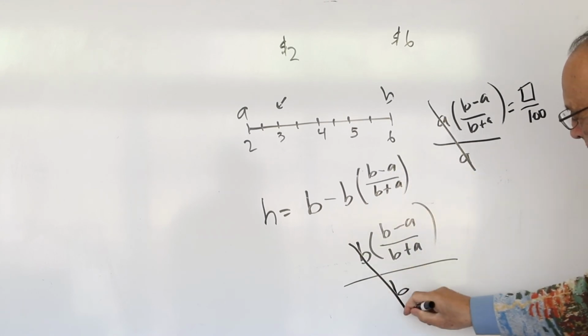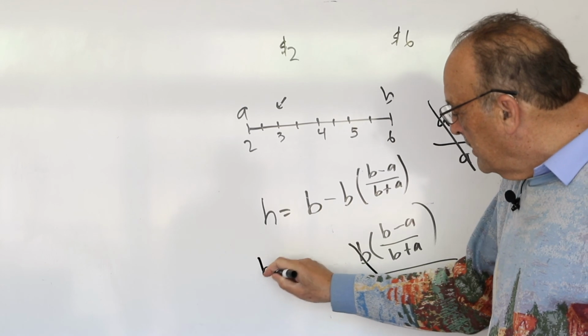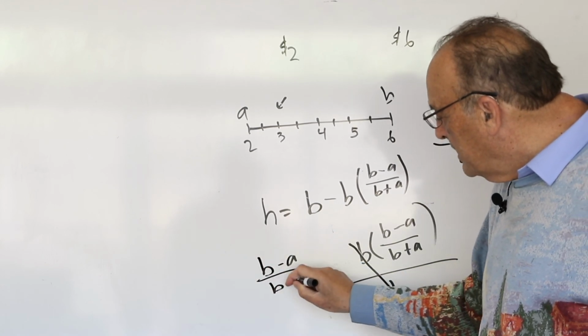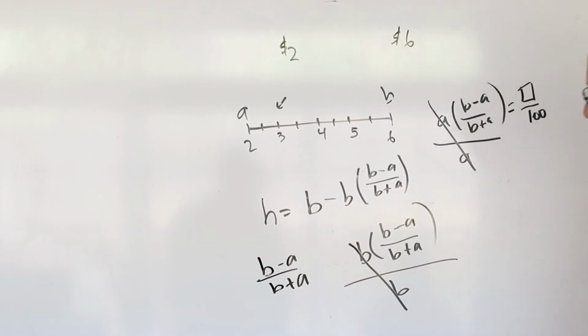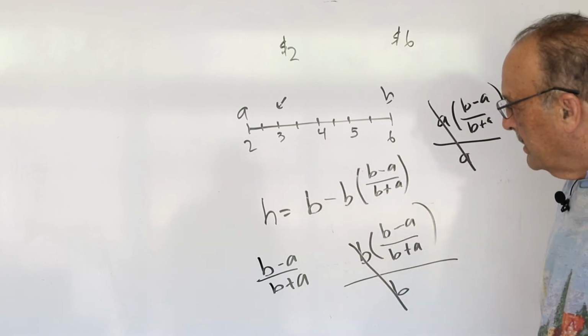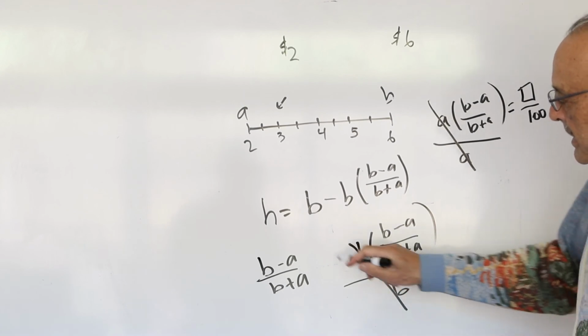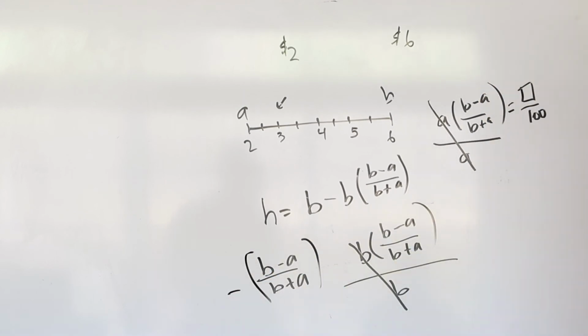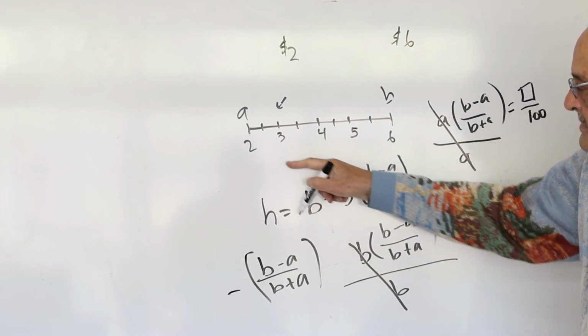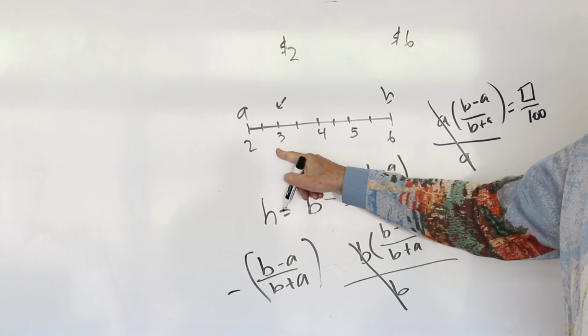And then when you cancel, again, you get B minus A over B plus A. So either way, you're getting B minus A over B plus A. Now, here you're getting actually a minus, but I don't care about the sign. So the harmonic mean is the spot where the percent increase equals the absolute value of the percent decrease.